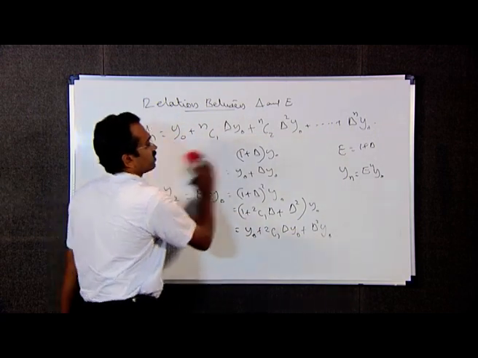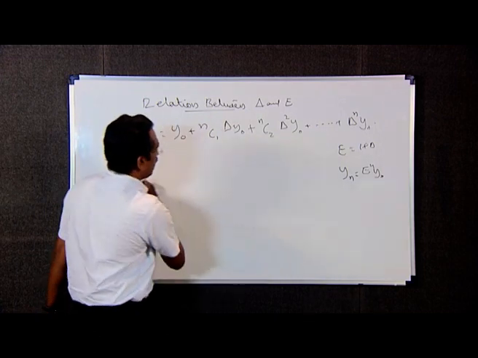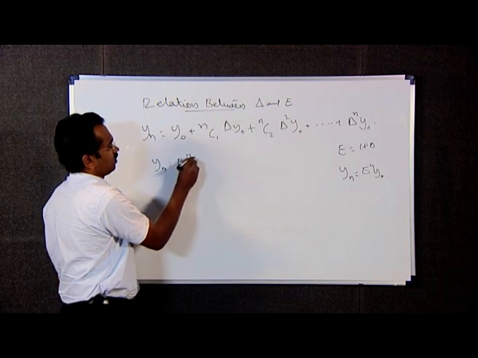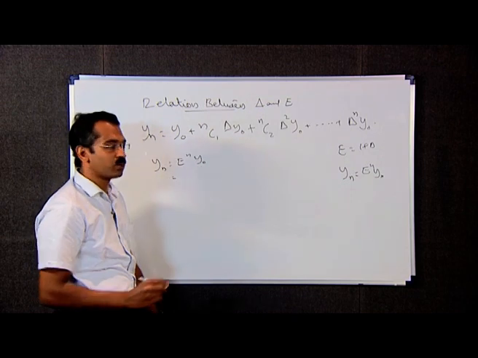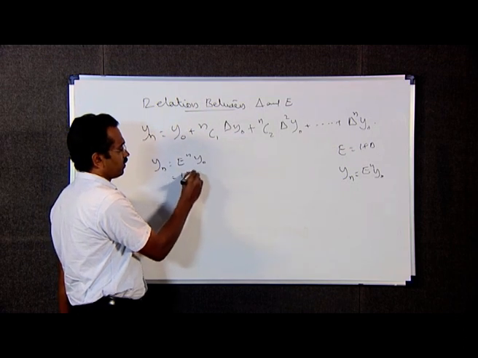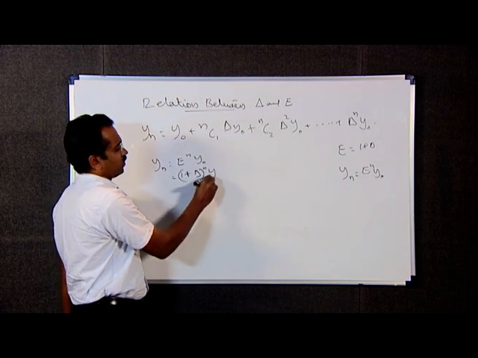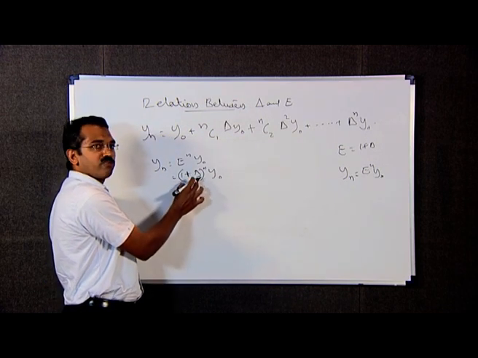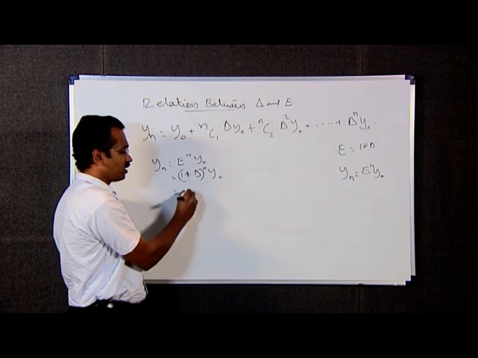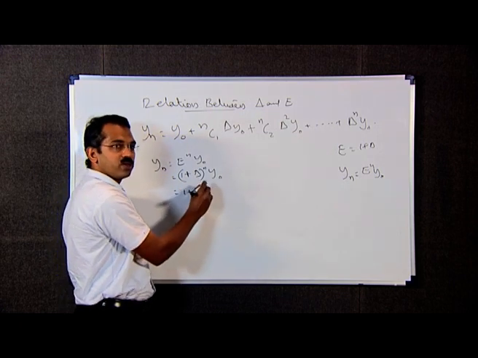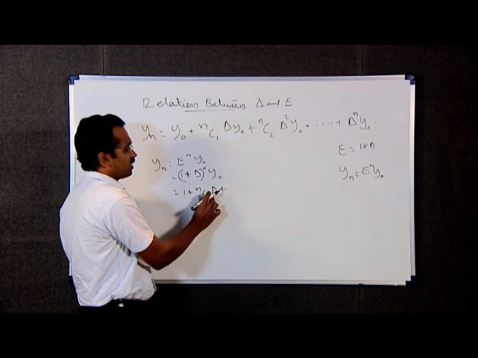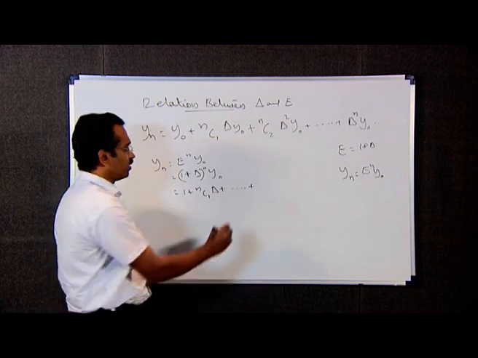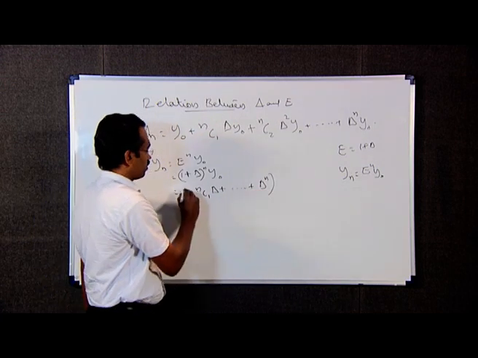Similarly, we can write yn is equal to E raised to n y0, that is equal to 1 plus delta all raised to n y0. By the expansion of 1 plus delta all raised to n, we can write 1 plus nC1 into delta plus nC2 into delta square plus etc., plus nCn, where nCn is 1, delta raised to n y0.